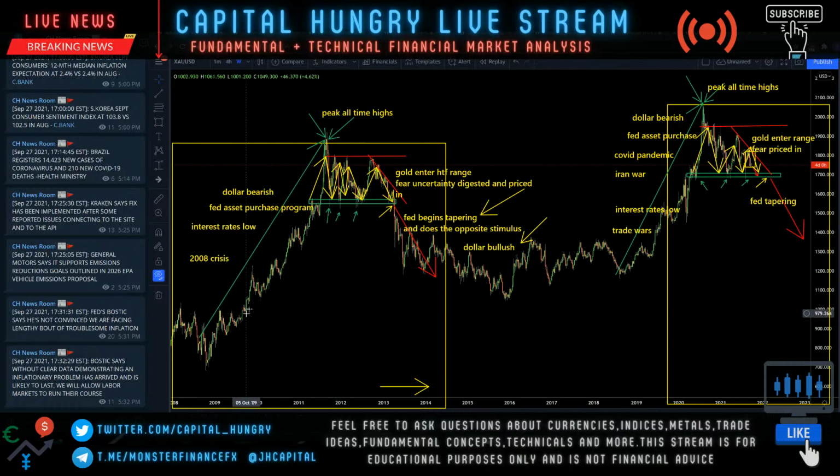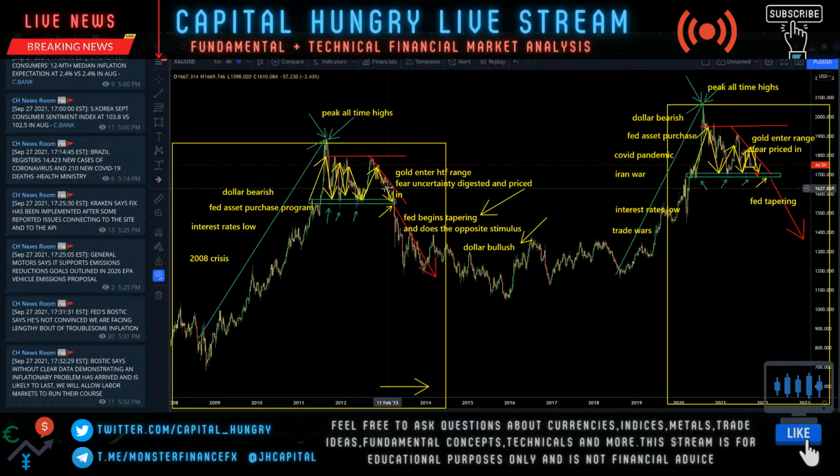Look at what happened here in 2008: the timeline of events, the price movement, the technical repetition, and the fundamental repetition. Look at what happened in 2019, 2020 and 2021. We peaked at all-time highs after a very strong bullish run, then entered a large higher time frame zone in range.